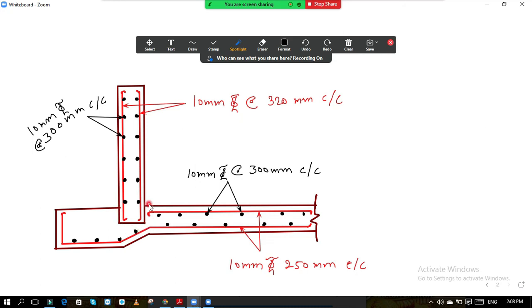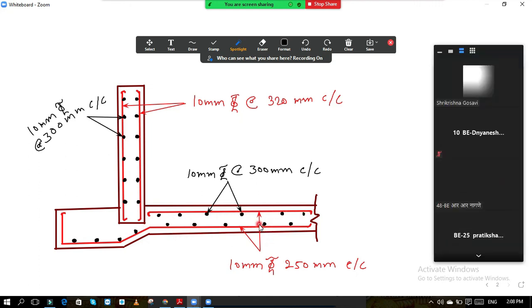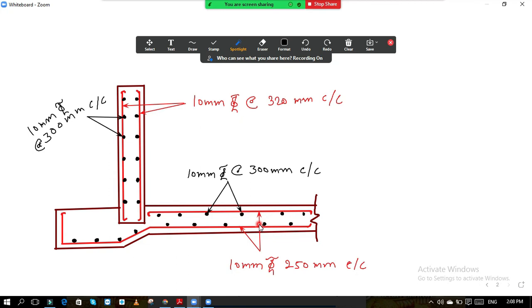Sometimes bitumen is also used in this joint. So this is the typical section. This is the wall of the water tank, and this is the base slab of the water tank. So in this way, the water tank wall and base slab are designed. Okay. Now draw this diagram.